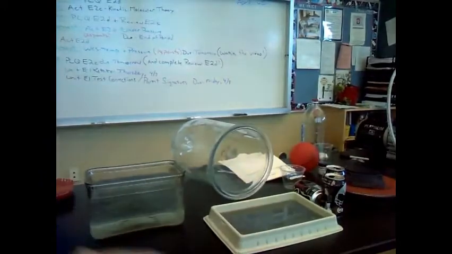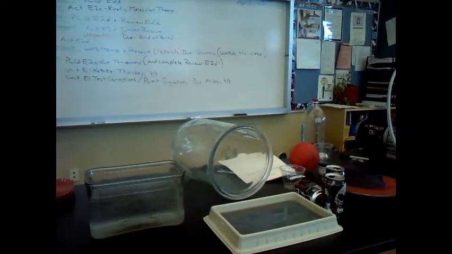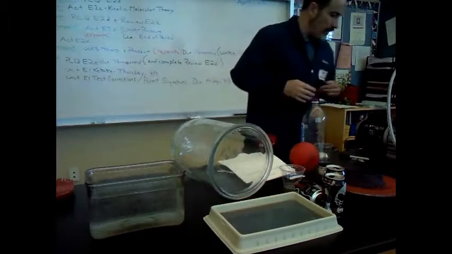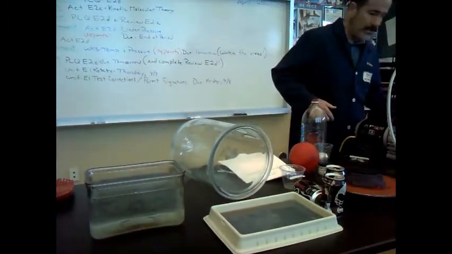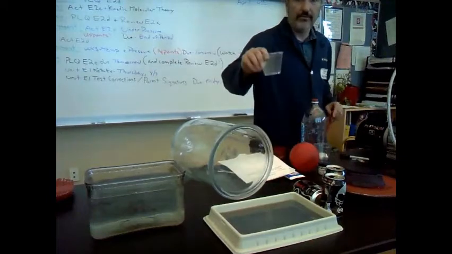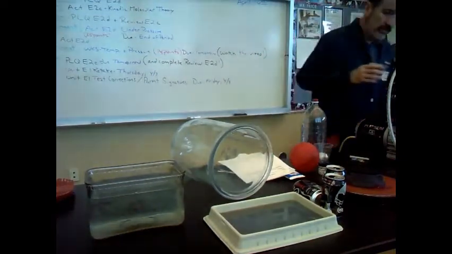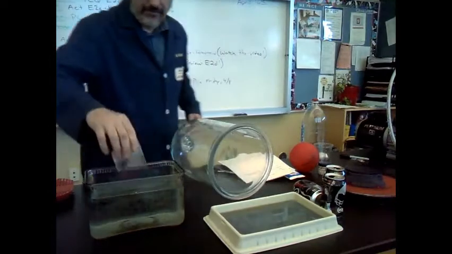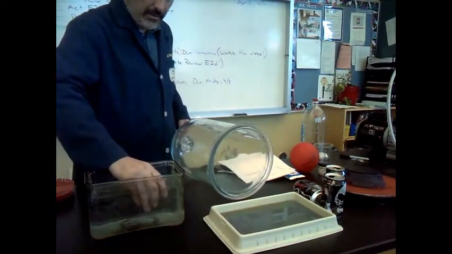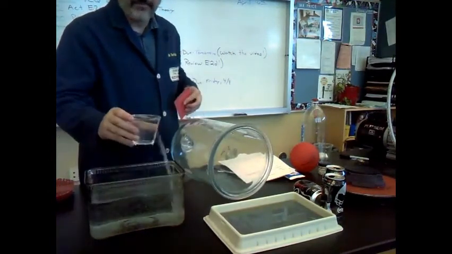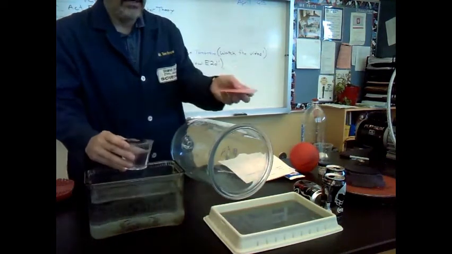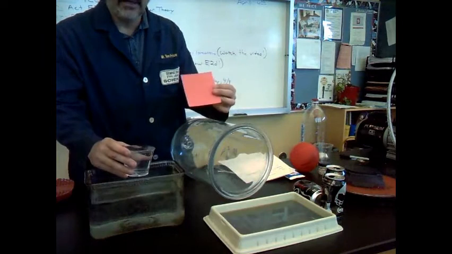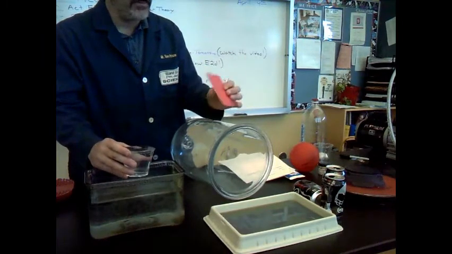All right, the next demonstration involves a cup and card. For this one, I'm going to use another plastic cup. I'm going to fill it up with water. And I have a regular piece of laminated construction paper.